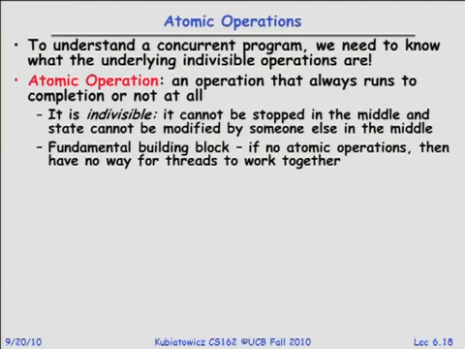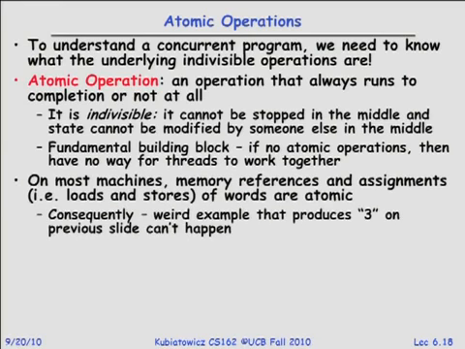Most machines have atomic memory operations, loads and stores. So that example that I gave you with 3 pretty much doesn't happen much. A floating point could be an example of that, with 64 bits using 2 32-bit loads or stores, but mostly you don't have to worry about this. Many instructions are potentially not atomic, like the floating point I mentioned.